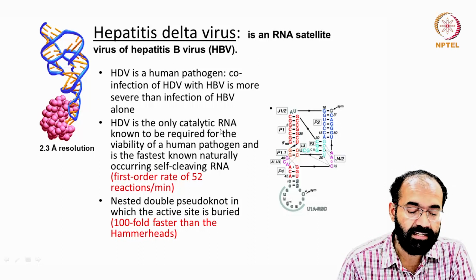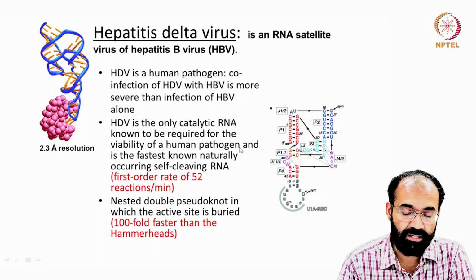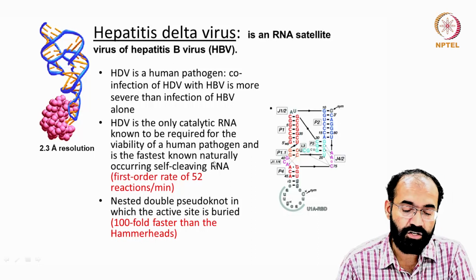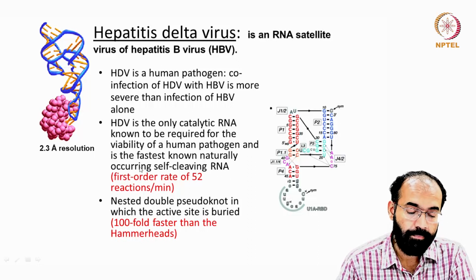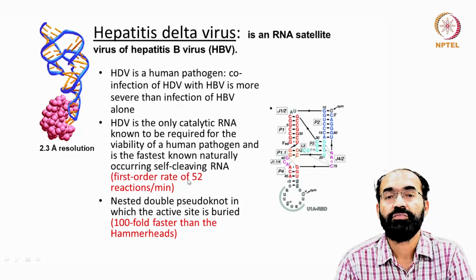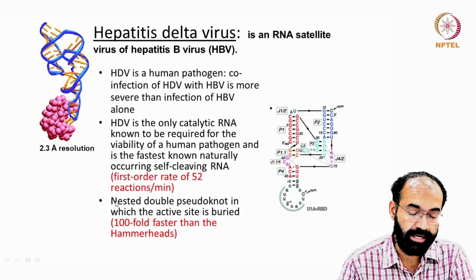HDV is the only catalytic RNA known to be required for the viability of a human pathogen. What is that pathogen? HBV. It is the fastest known naturally occurring self-cleaving RNA, and its rate is around 52 reactions per minute. It's one of the fastest replication rates.